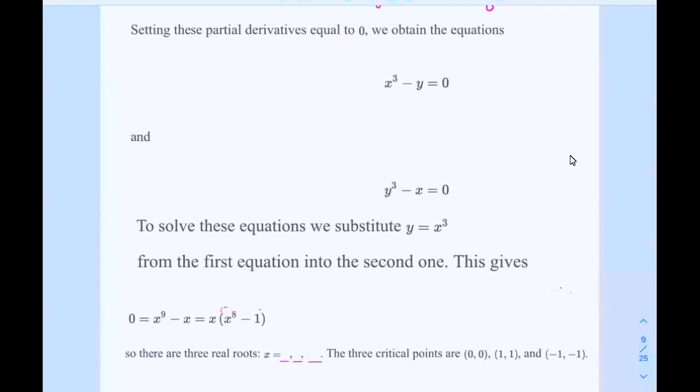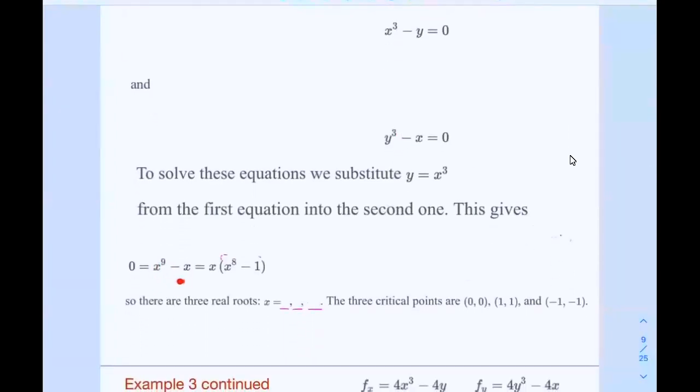x cubed cubed, that's x to the 9, minus x equal to 0. Now we take out the greatest common factor, which is x, and we get x times (x to the 8 minus 1). From here, we can tell what x equals: x will be equal to 0, or x equal to plus or minus 1.